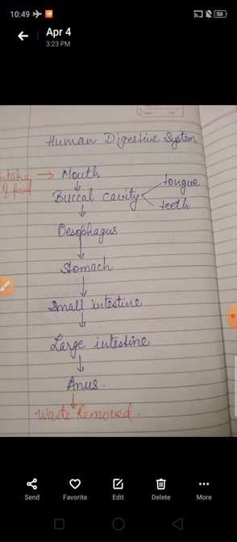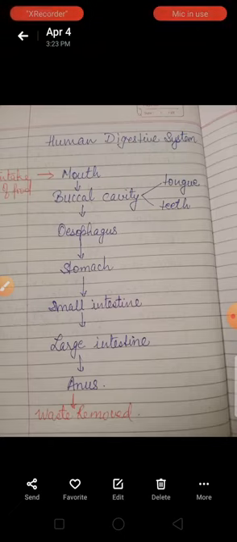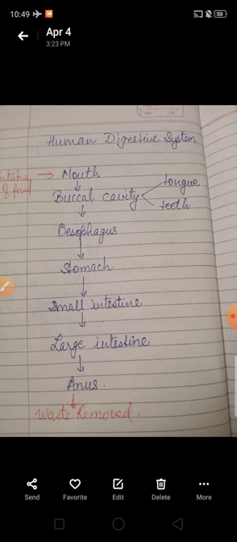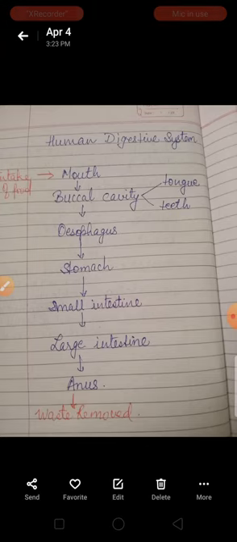Now you know that when the food is moving down, the complex food material is broken down into its simplest form. Whatever food we are taking is in the form of either carbohydrate, protein or fat.